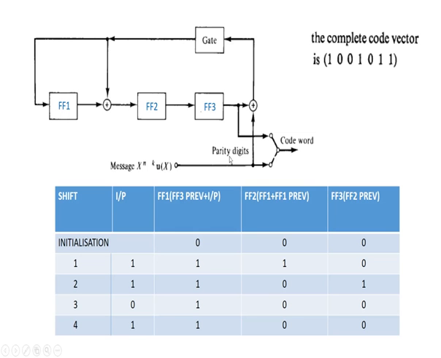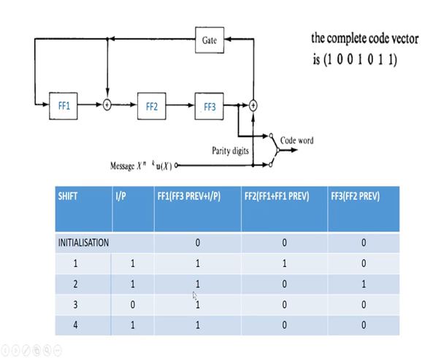So this input plus previous f of 3 is the present f of 1. That present f of 1 plus previous f of 1, if we add with modulo 2 addition, we will get f of 2. So we can write f of 2 as f of 1 plus f of 1 previous, and similarly f of 3 is the previous of f of 2. So this is the relation among different flip-flops.